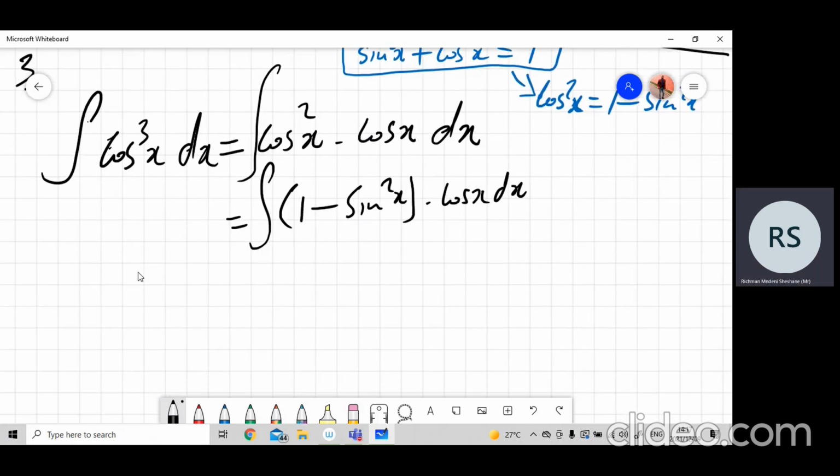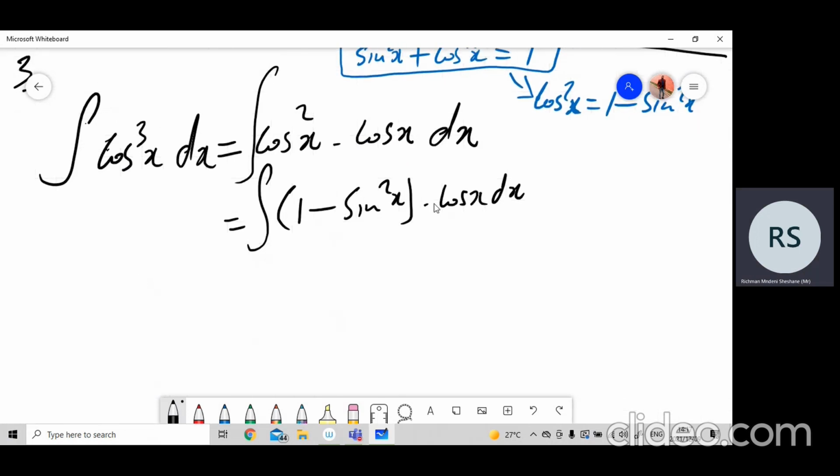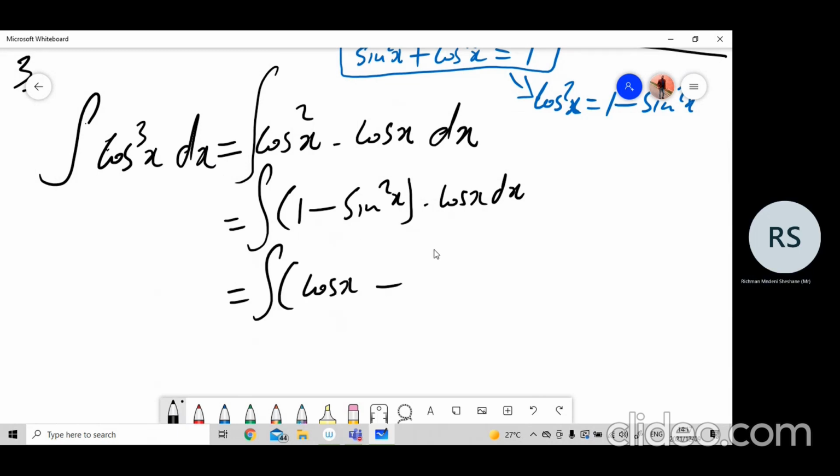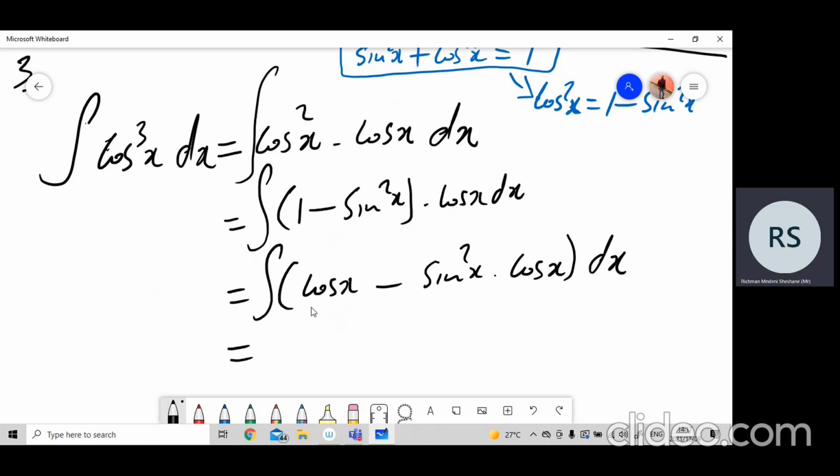So after you use this identity here, just multiply cos inside: cos x minus sine squared x times cos x dx. Now you're able to integrate this. You know the integral of cos x is sine x.